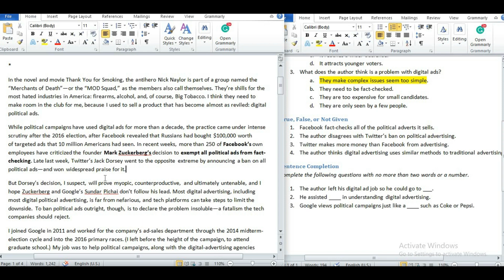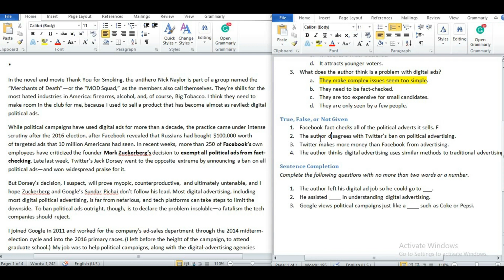Or we might say in the next sentence, Twitter did the opposite by banning political ads. Mark Zuckerberg is not banning them. In fact, he is not even fact-checking them. So, does Facebook fact-check all of these political ads? No, it does not. This is false.